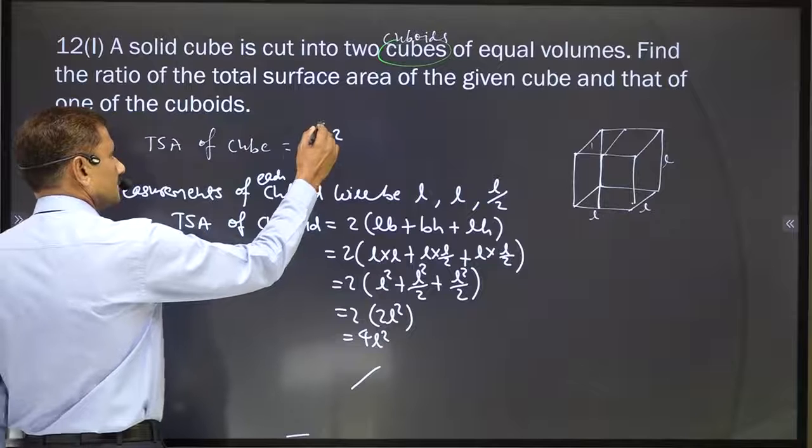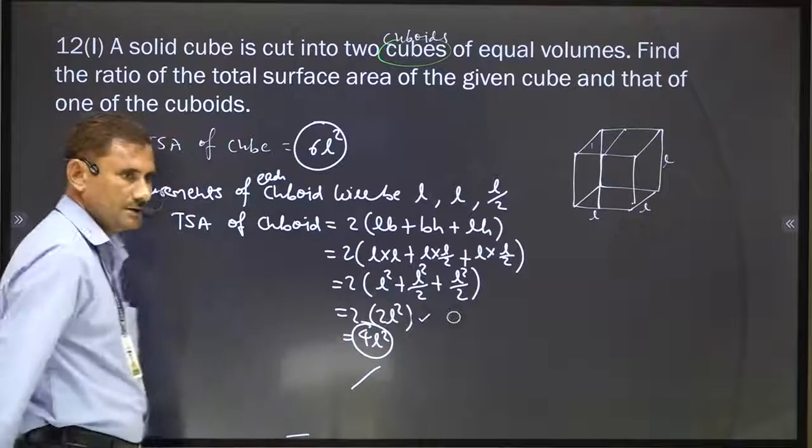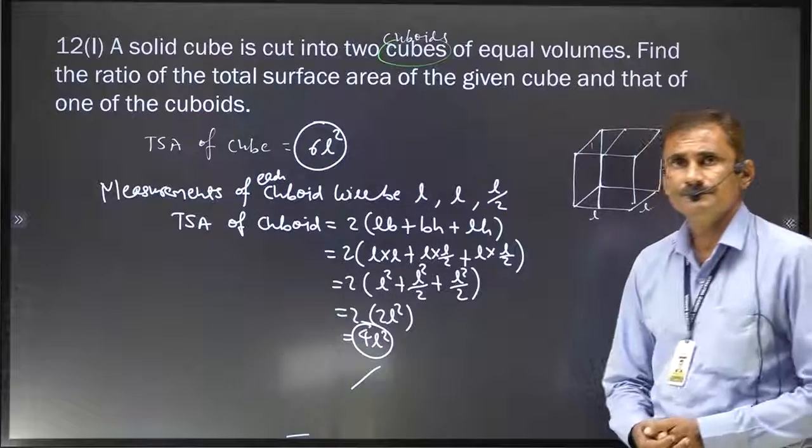Now TSA of the cube is 6L square, and TSA of the cuboid is 4L square.